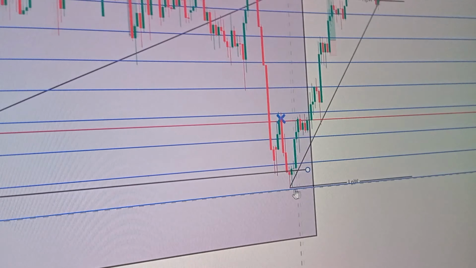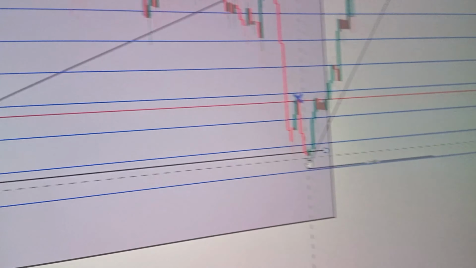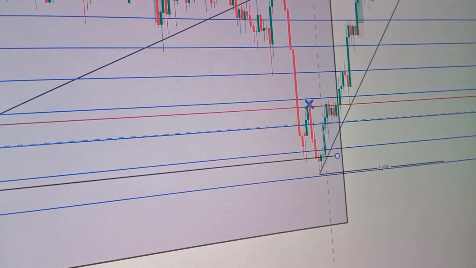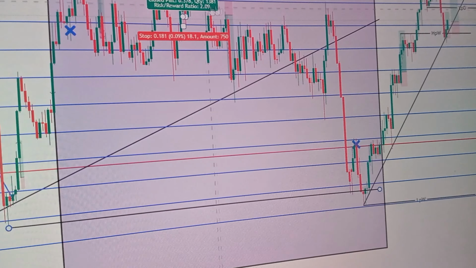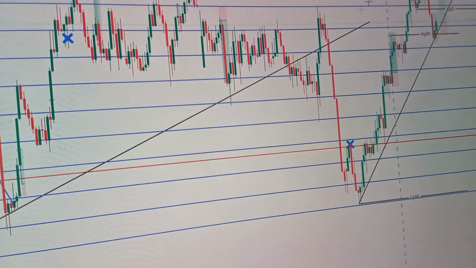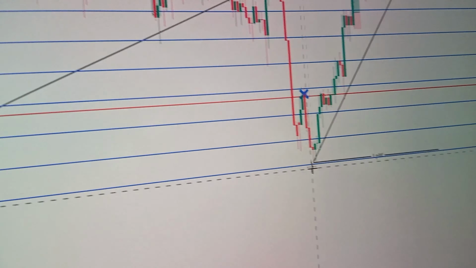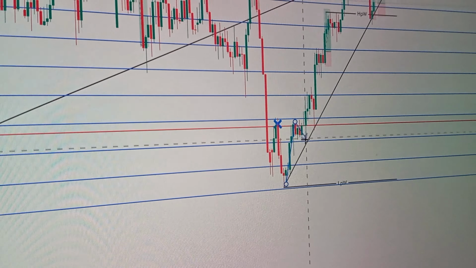Even though it changed character here, it wasn't sustainable. The market rejected, gave a strong bullish candle, and the buy continued. Leaving that behind, after it did this, the market still continued making an uptrend.